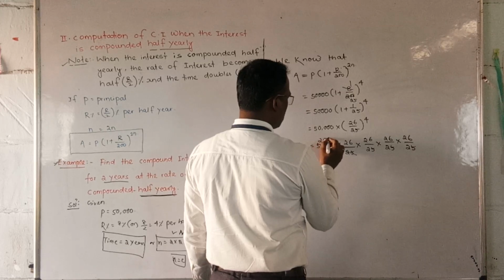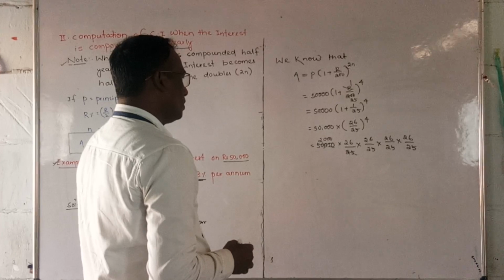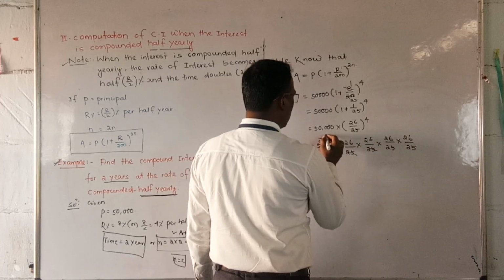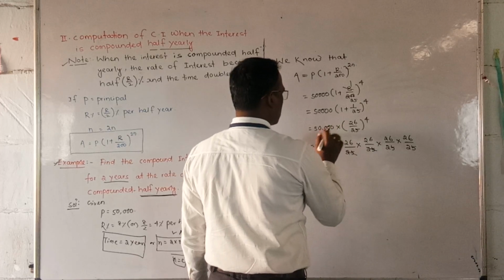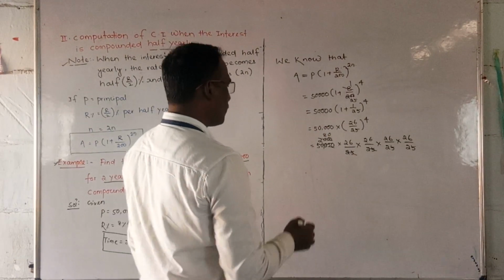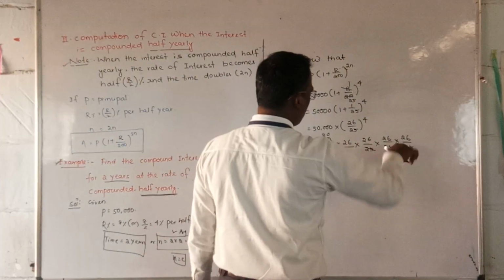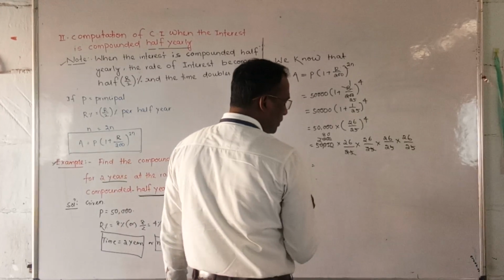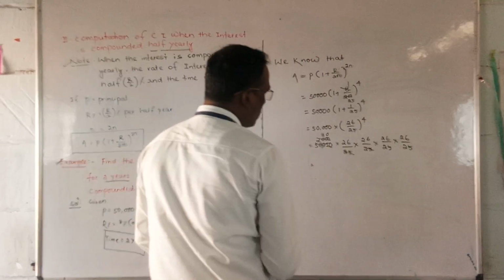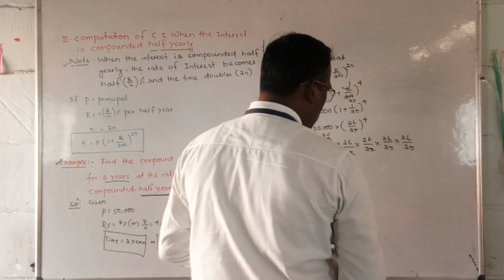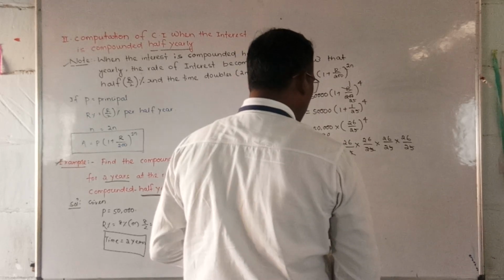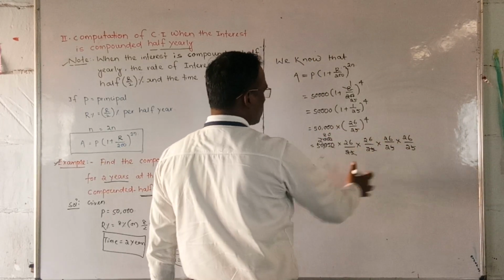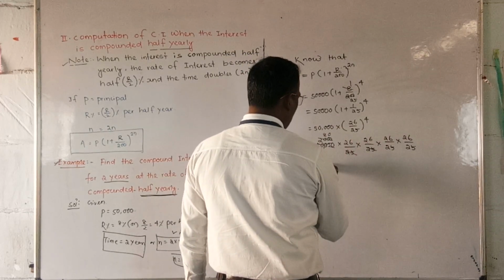Now students, if you do all this, cut and multiply, you will get about 58,492.93 approximately.